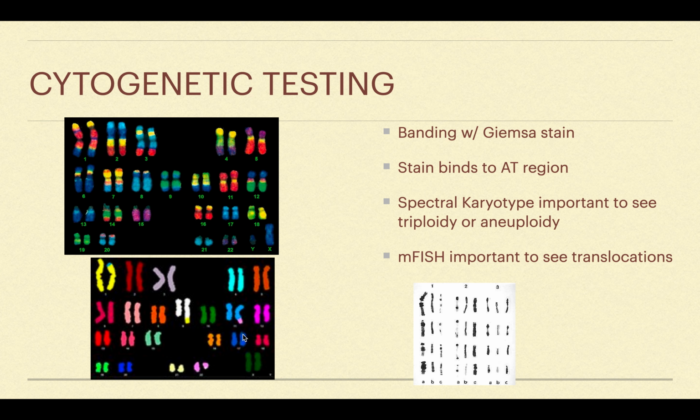Right here is missing a tiny bit of the blue, and this should be on the pink chromosome. These are really seen more in research because they are quite expensive, and the results do take a while to come in, like a week or so.